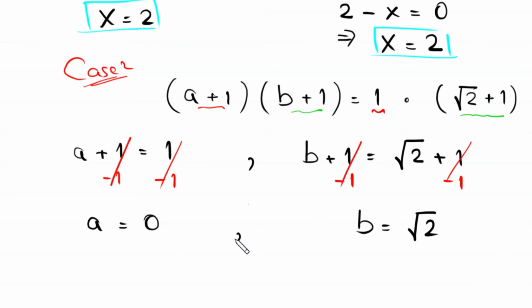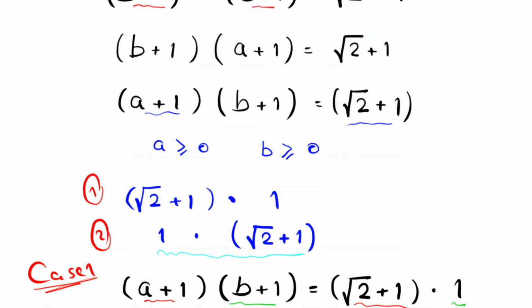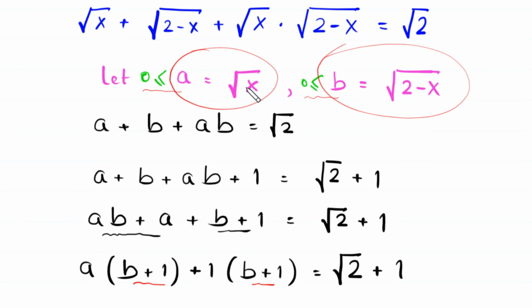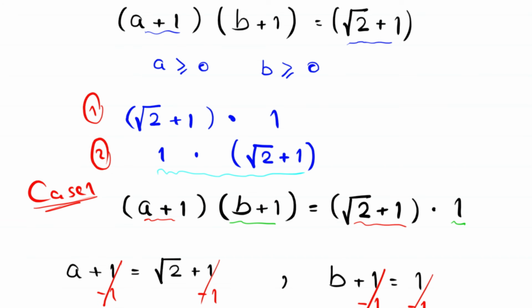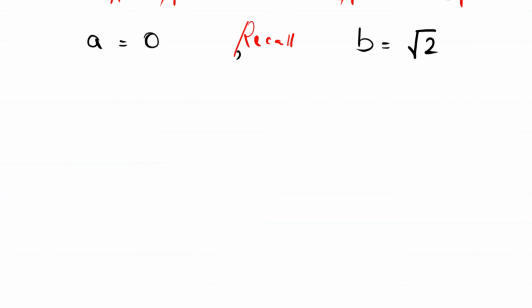And to find the values of x, recall that we have supposed that a is equal to root x and b is equal to root 2 minus x.